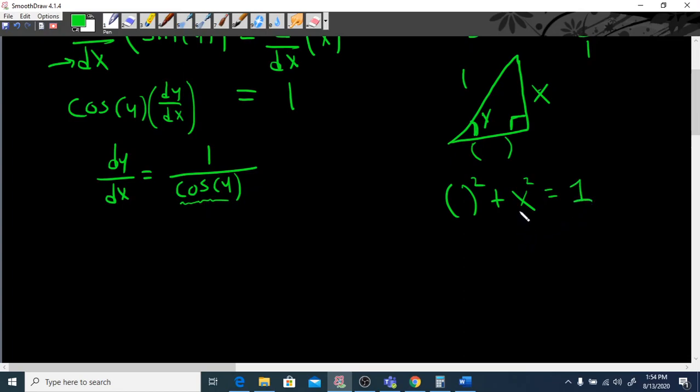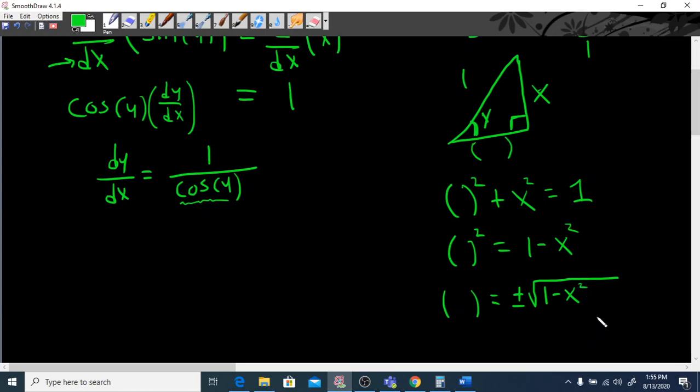So we can solve for our blank: blank squared equals 1 minus x squared if I subtract x squared from both sides. And then if I take a square root, the blank equals plus or minus the square root of 1 minus x squared.